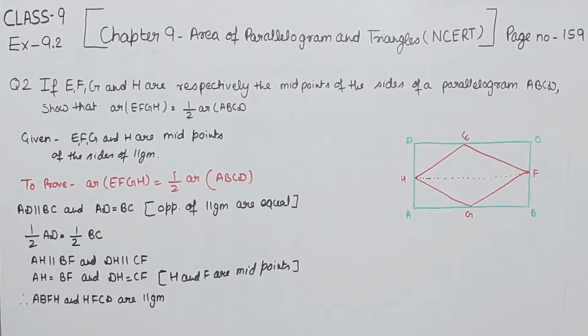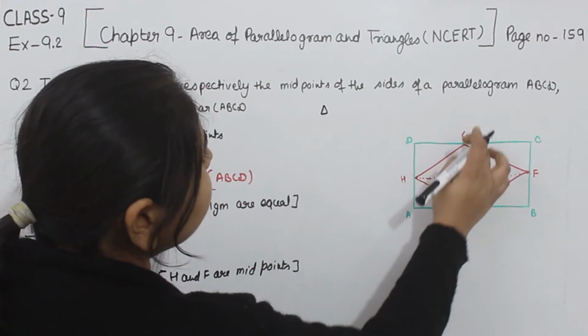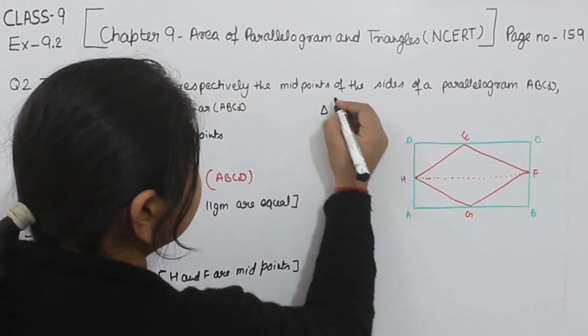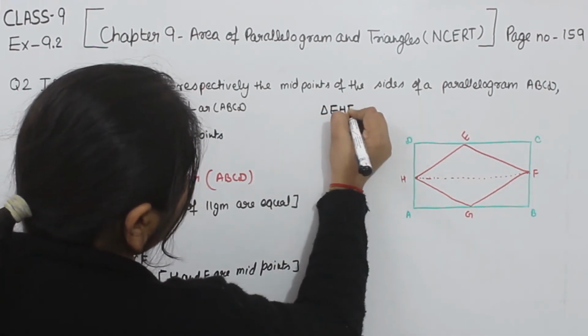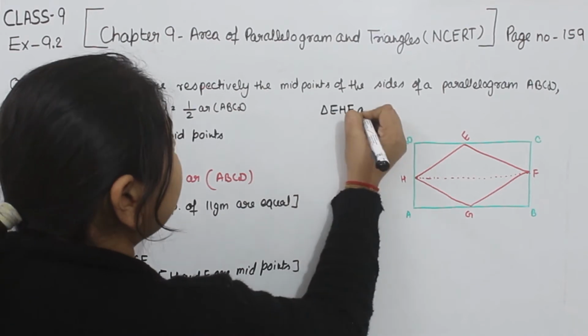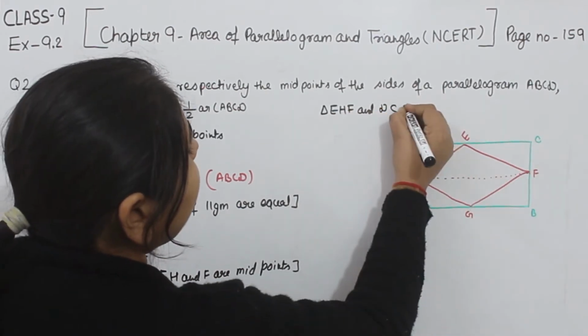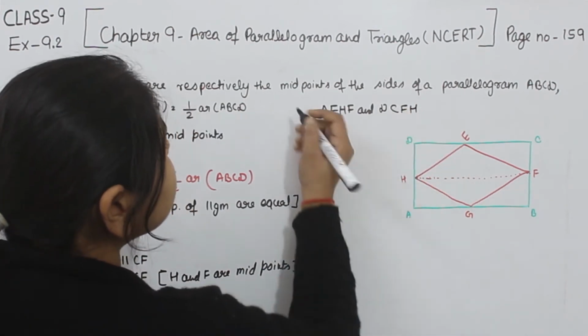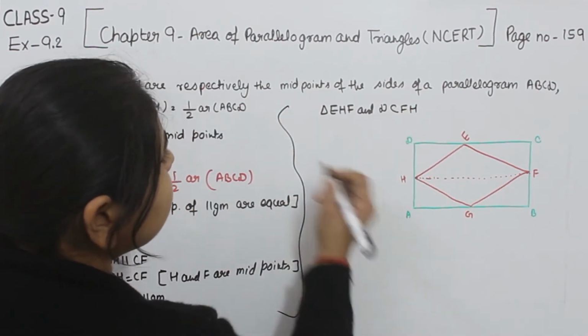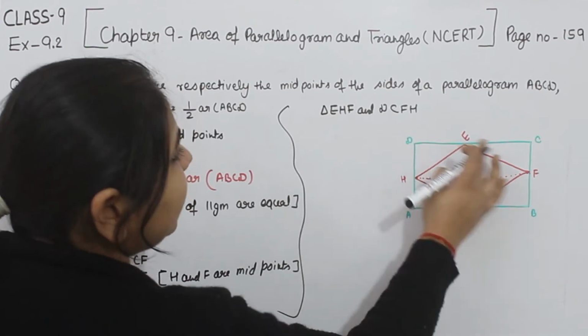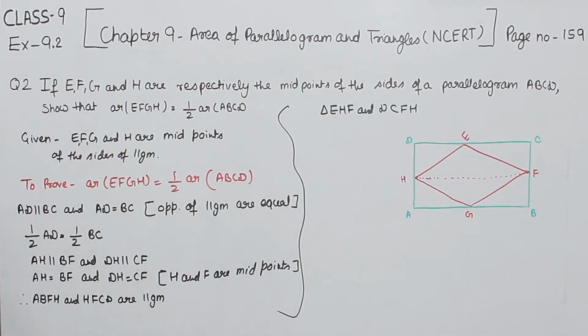Now we have the triangle EHF and the parallelogram DCFH. In this one, as we know that the base is the same for both of them, so we are going to write this statement.